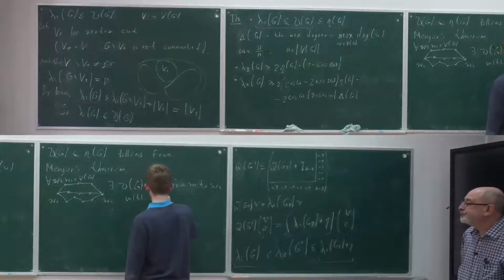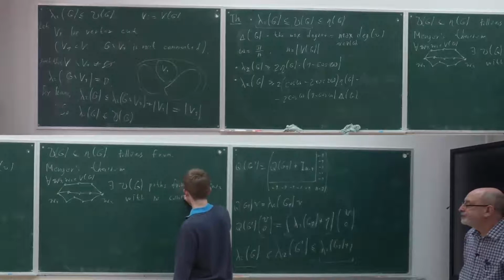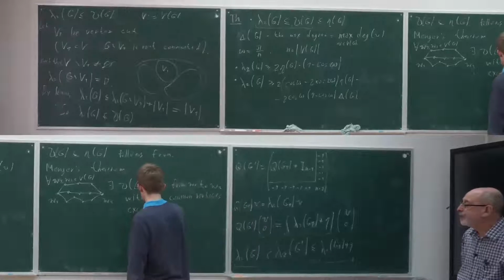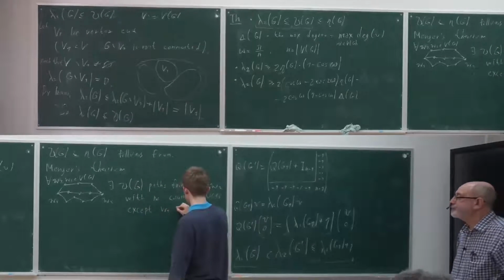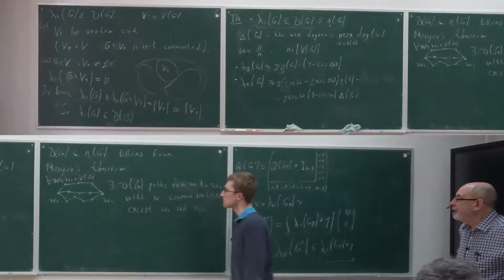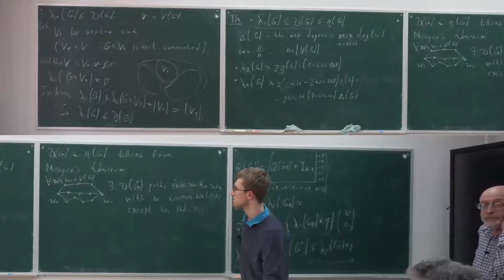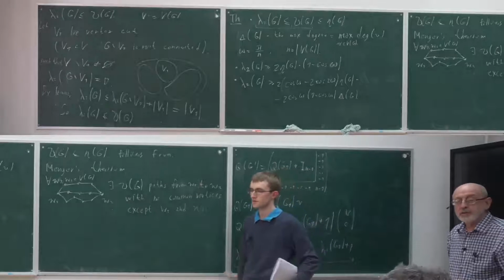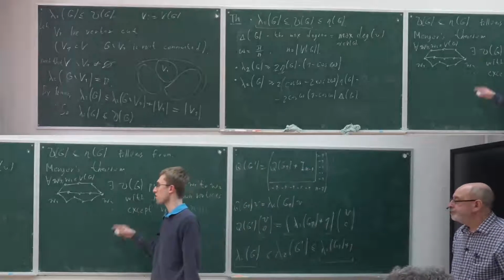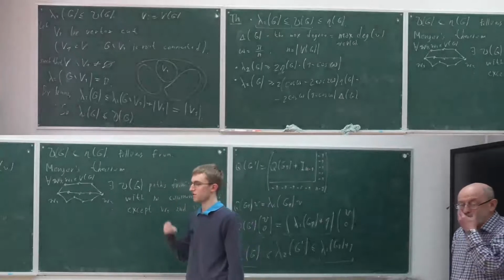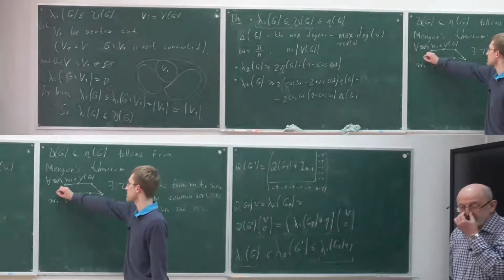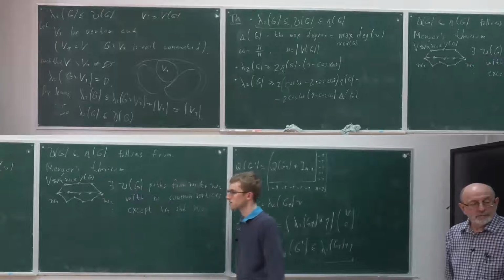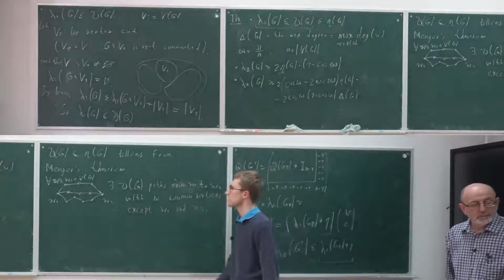Of course, for some pairs of vertices there are more. So if one can't throw out k vertices such that the graph loses connectivity, then any two vertices can be connected by k such paths. And this obviously proves this inequality.